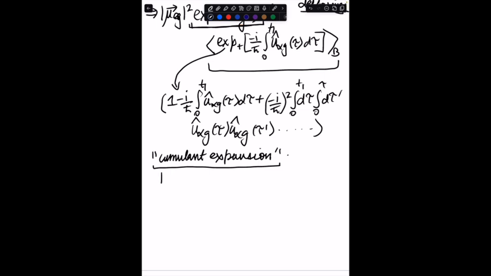So how does this cumulant expansion work? Let's just say you have some observable A and you want to calculate the expectation of the exponential of that observable.